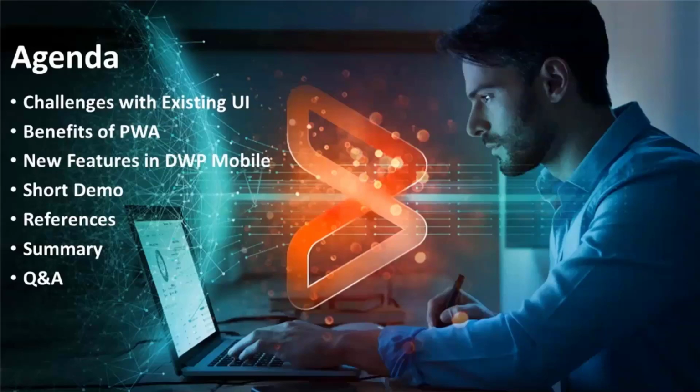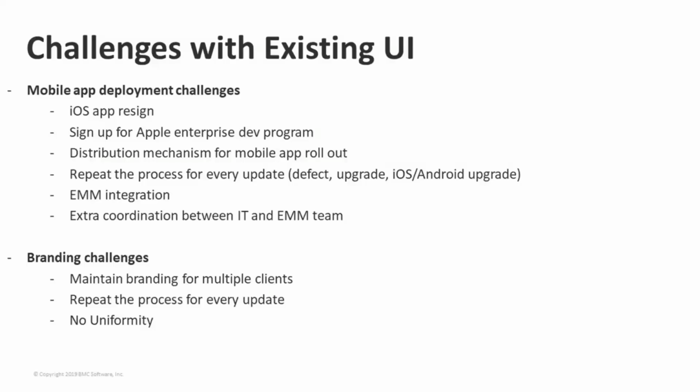All right, so let's jump into the topic here. What were the challenges with our existing UI? If you have used Digital Workplace or if you are already using it, you know that we have used a mobile-first approach in our development, which worked great.